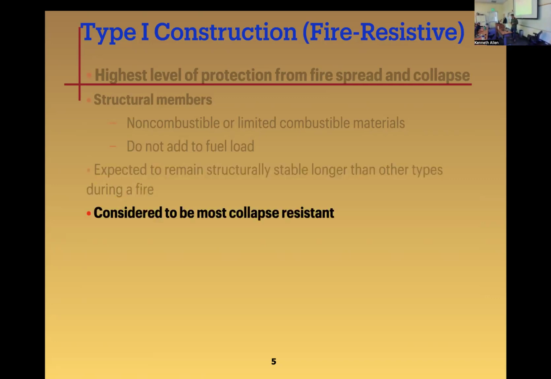They stay up and don't collapse for a longer period of time, which means when we're fighting fire, we can be in there for an extended period of time, provided we're looking for the loss of integrity from the crumbling or the superheated air in the environment. Just because it's built of fire-resistant materials doesn't mean there's not stuff inside that can burn.